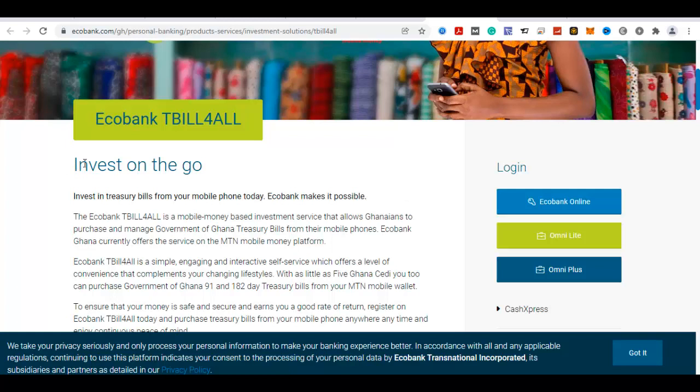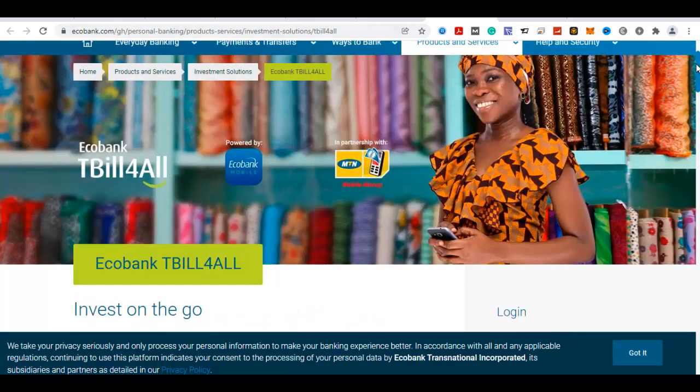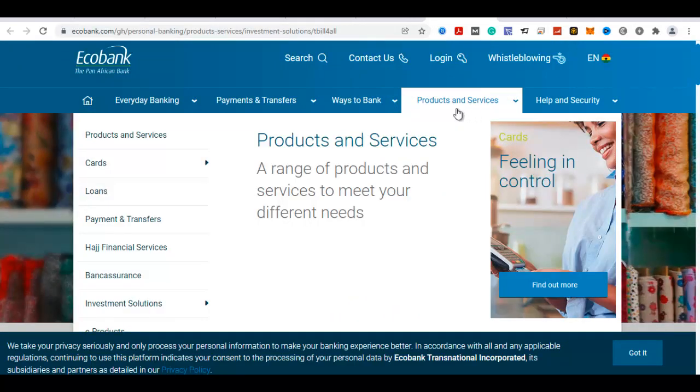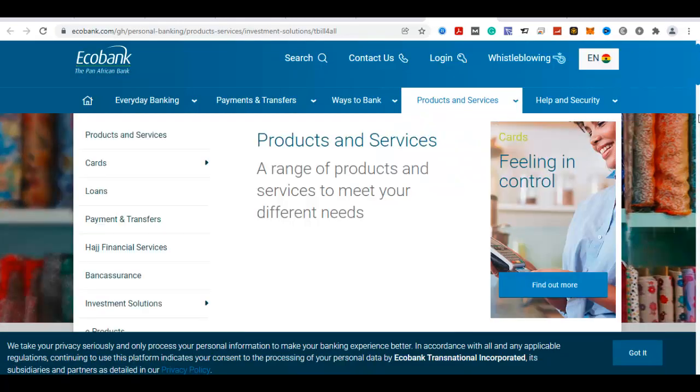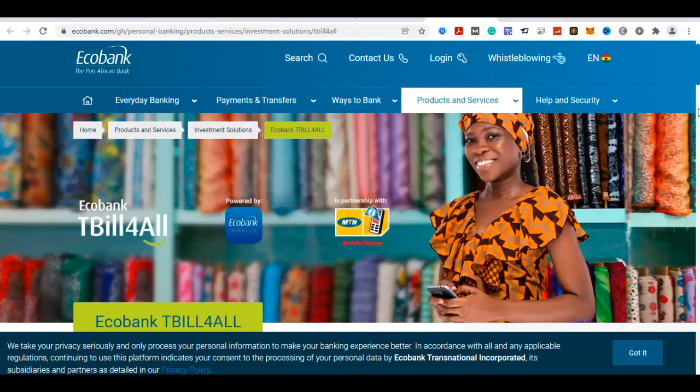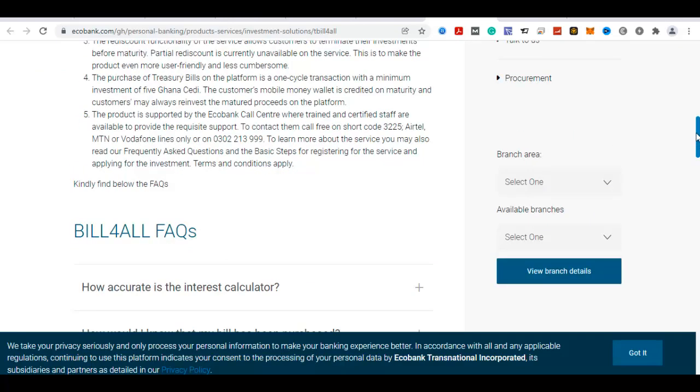But if you want to read about it, you can go to the Ecobank website, ecobank.com/GH, and then you can go to the personal products and services. So you go to products and services, and then you can see the details there, and then you can read. But I want to take you through the details quickly, and then you will see how easy it is.